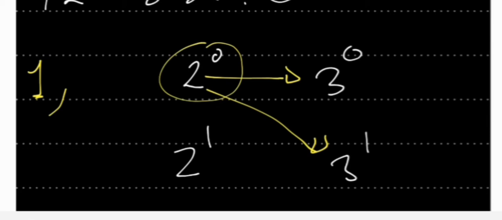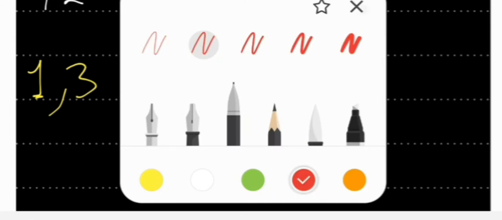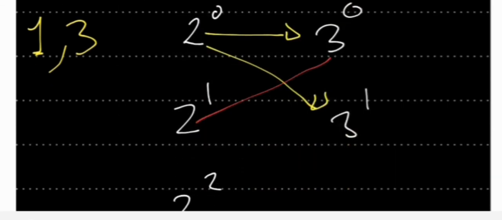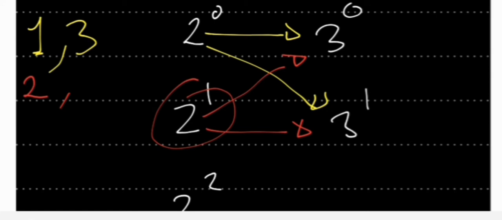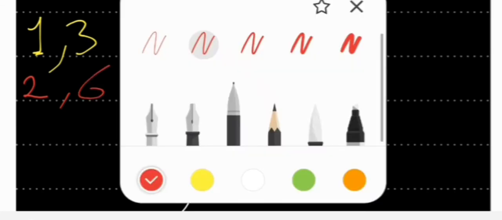The second is 2 to the 0 multiplied by 3 to the 1, so it is 3, okay? Now 2 to the 1 multiplied by 3 to the 0, we will have 2. 2 to the 1 multiplied by 3 to the 1, we will have 6.